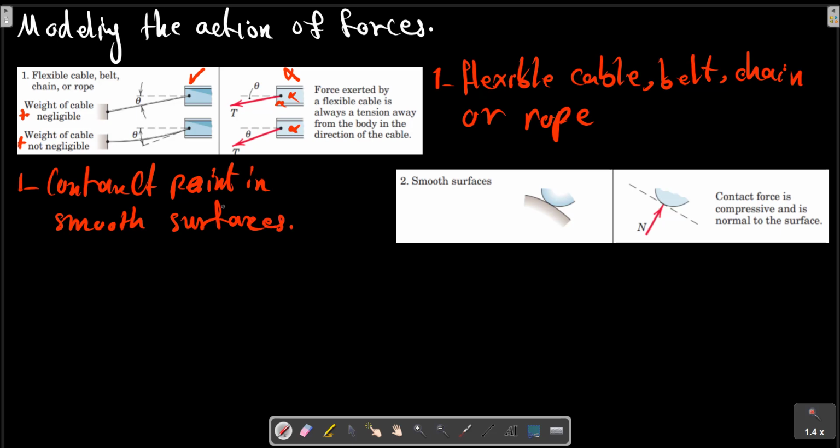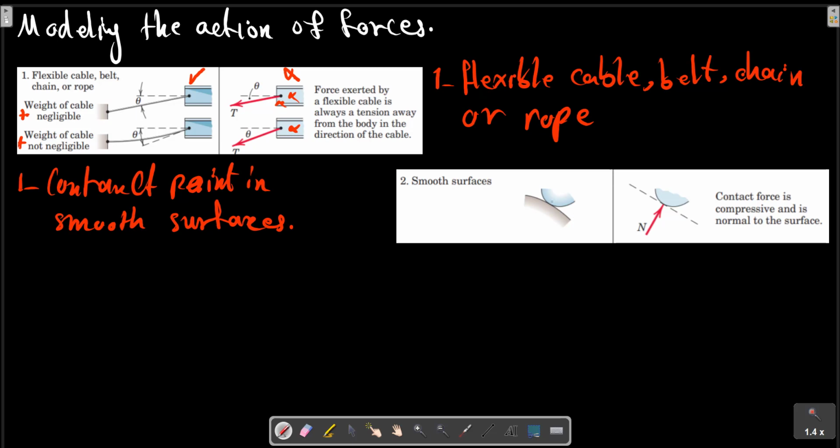This example shows the smooth surfaces of two bodies in contact. As in this example, the force exerted by one on another is normal to the tangent to the surface and is compressive. Although no actual surfaces are perfectly smooth, we can assume these to be for practical purposes in many instances.